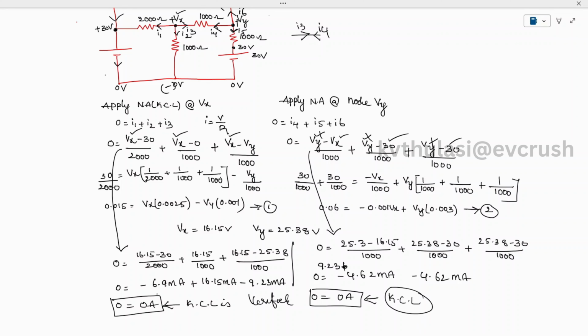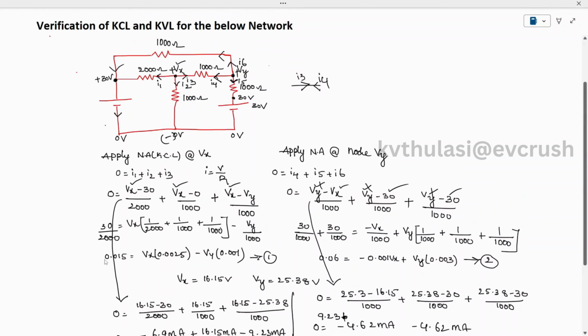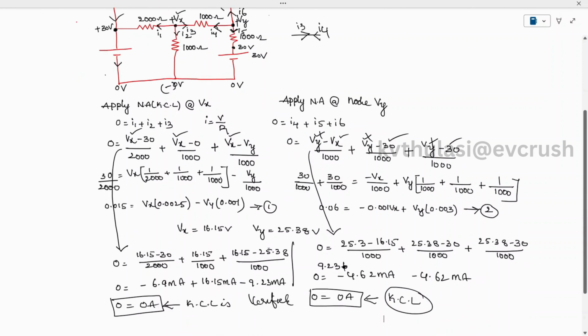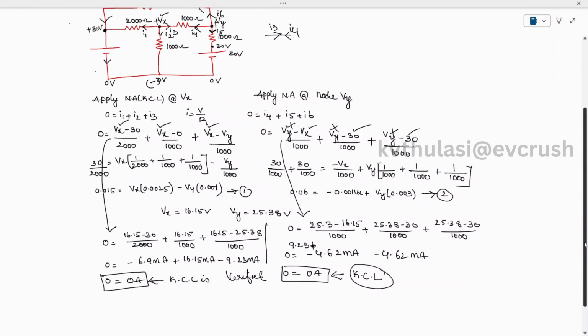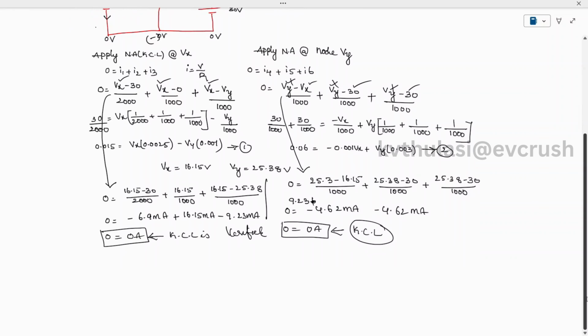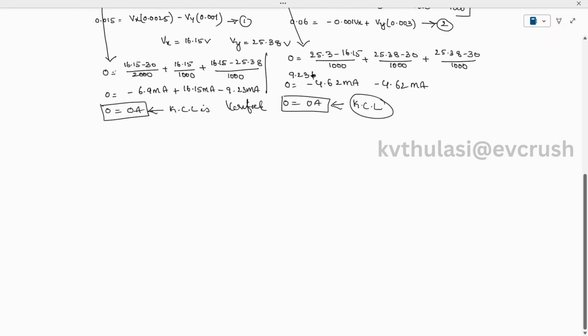Now we have to satisfy our Kirchhoff's voltage law. Okay. Now let's try to mark all these currents in our branch. So I'm redrawing the circuit to understand. So this is the 30 volt source and this is the 2000 ohm resistor.